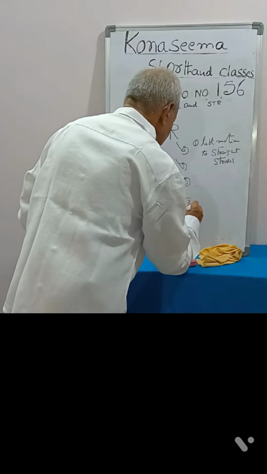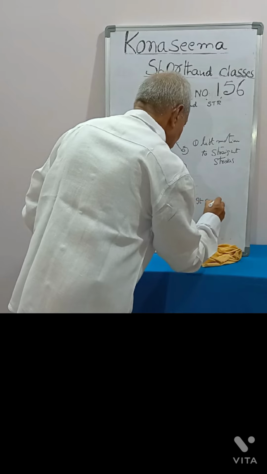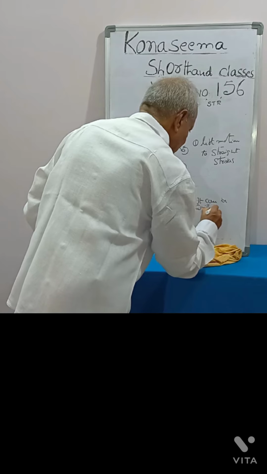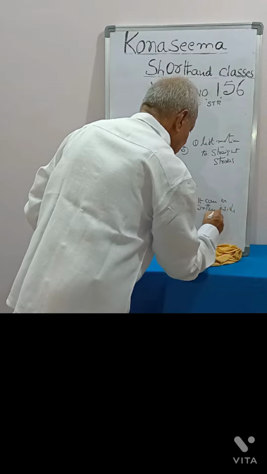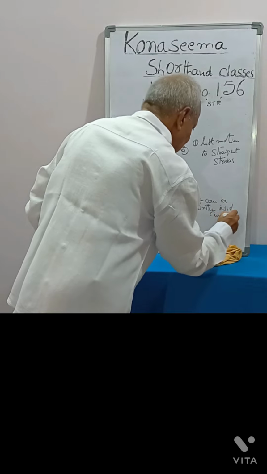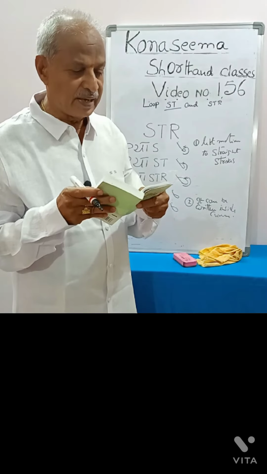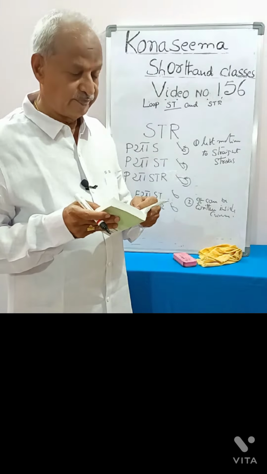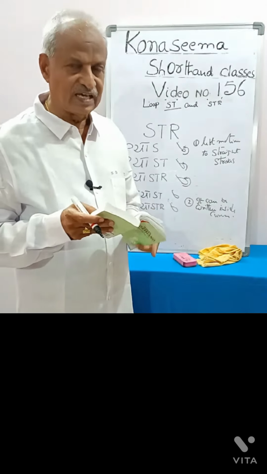Number 2, it can be written inside curves like circles and the stay loop. Example, pass, past, faster. Inside curves, fast, faster.